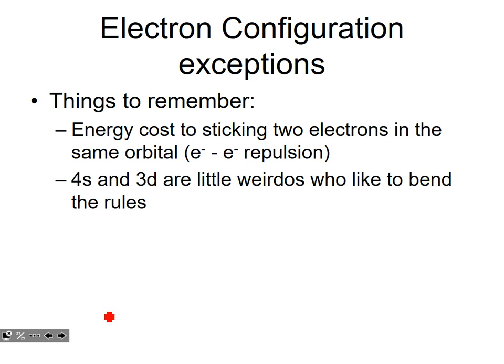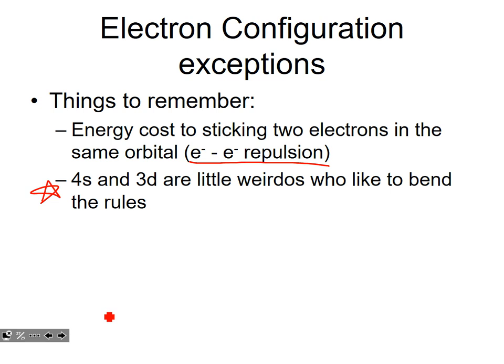So with that in mind, remember that we have an energy cost to putting 2 electrons in the same orbital because of electron-electron repulsion, right? 2 electrons in the same orbital, there is going to be an electron repulsion there. And that repulsion is essentially what's going to be contributing to this difference between 4s and 3d.